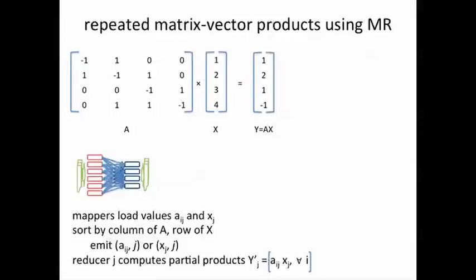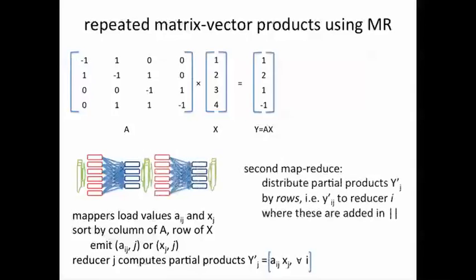Now, that's not enough because we still have to add these up this way. So the second MapReduce will do the following. It will distribute these partial products, which are now columns. Each reducer has a bunch of columns after they've been multiplied by the appropriate element of X, and distributes them by rows.